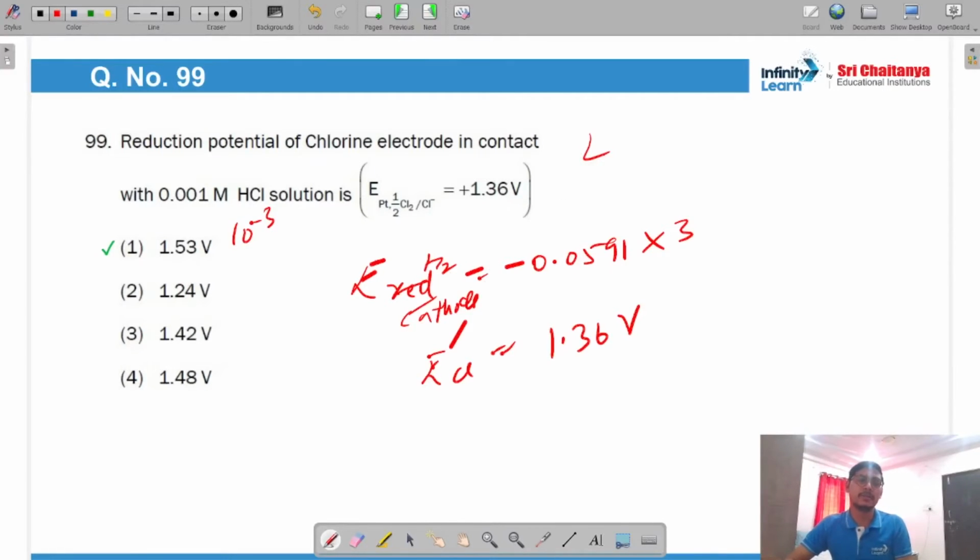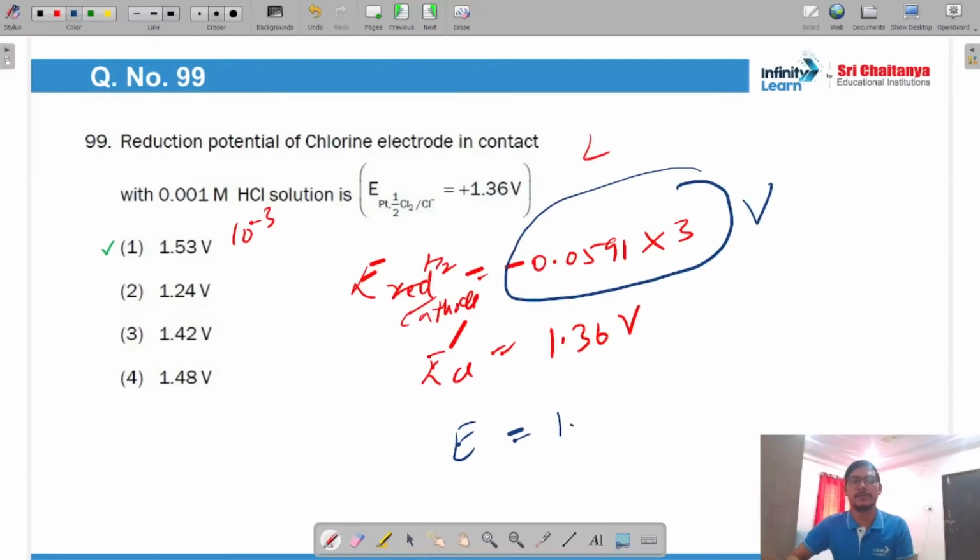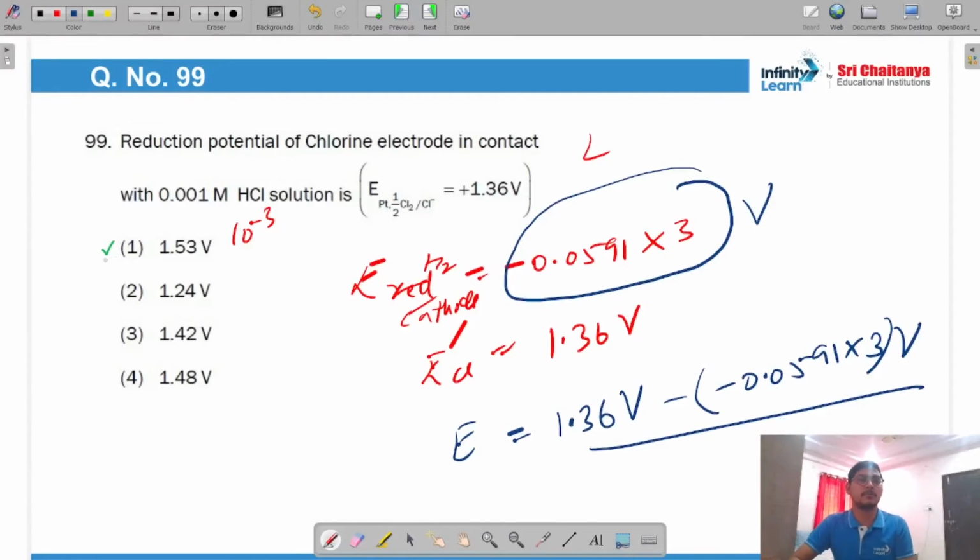So here you would notice that for hydrogen the value is minus 0.0591 into 3 volt. This value is negative, but for chlorine it is positive. So chlorine will act as the cathode in this case. So your EMF would be 1.36 volt, the cathode potential of chlorine, minus this value, minus 0.0591 into 3 volt. All right, guys. So this would be your correct answer in this case.